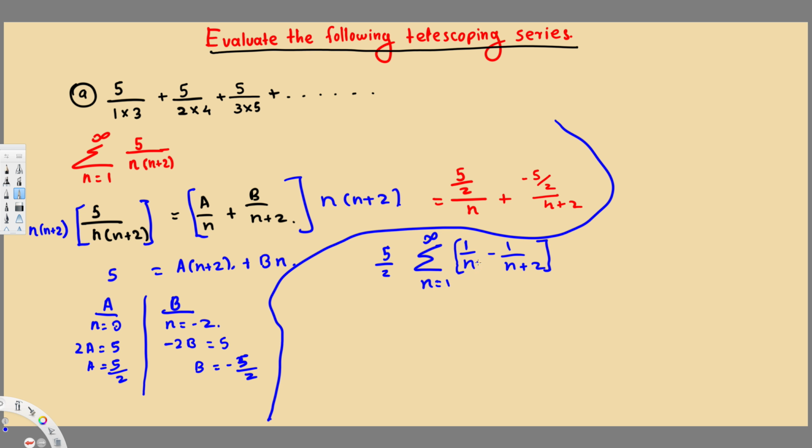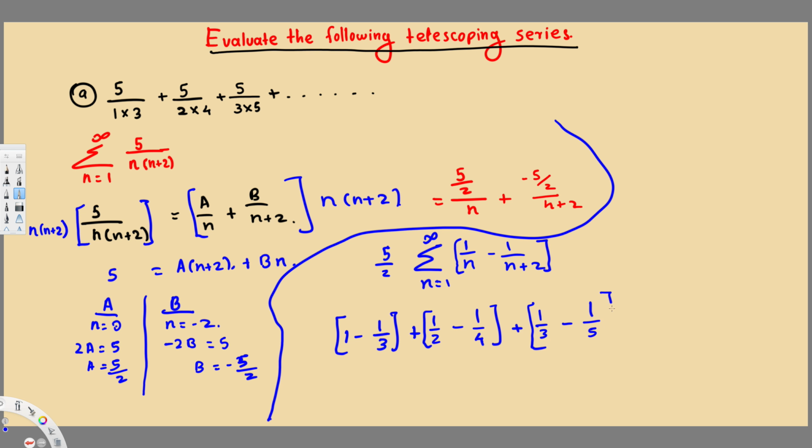So if I plug 1 for n value, this is going to be just 1 over 1 minus 1 over 3, right? Then if I plug 2 for n, this is going to be 1 over 2 minus 1 over 4. And if I plug 3 for n, this is going to be 1 over 3 minus 1 over 5, right?